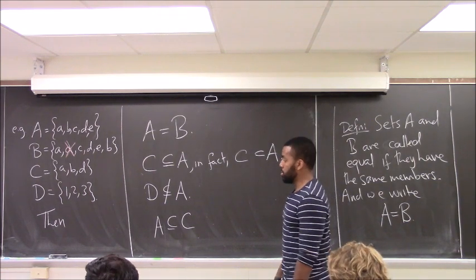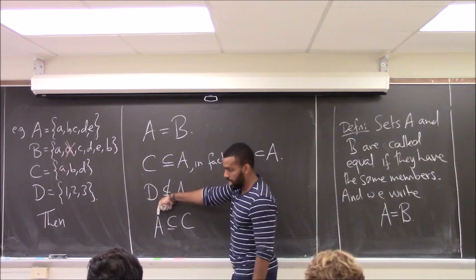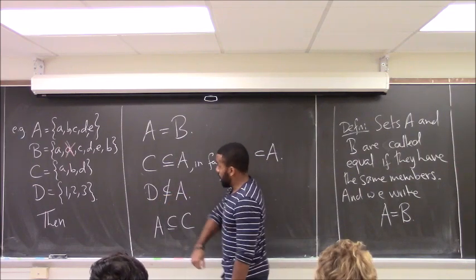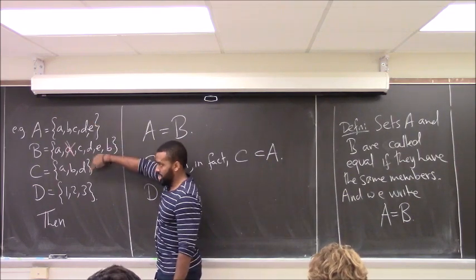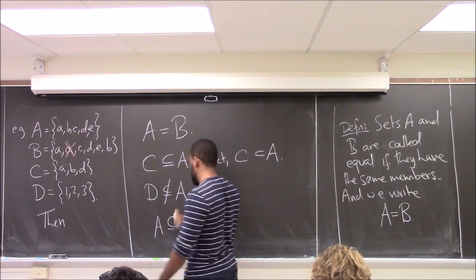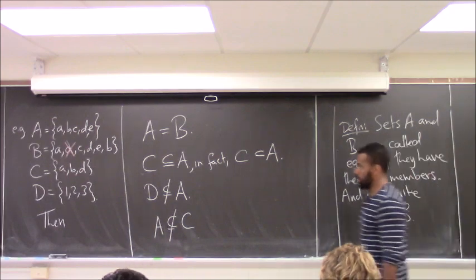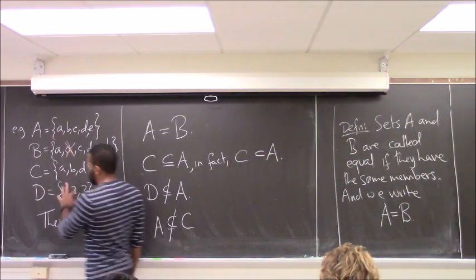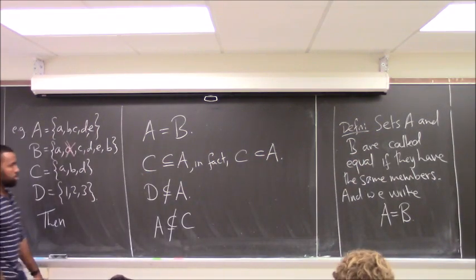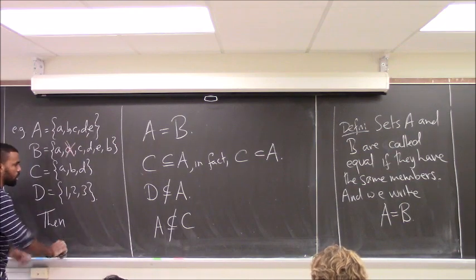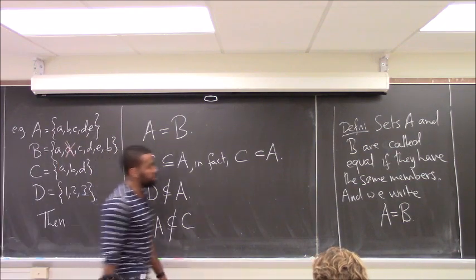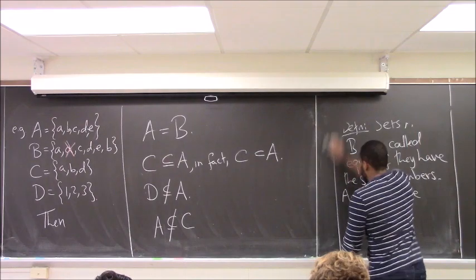No, because subset means everything that's in this guy is also in that guy. There's an E in this guy, it's not in that guy. Therefore, it is not a subset of C. We'll do some more examples with sets pretty soon, but just to make sure, while we're going through the notation, let's make sure we understand what we're writing down.